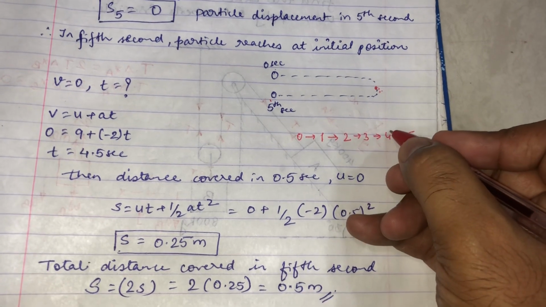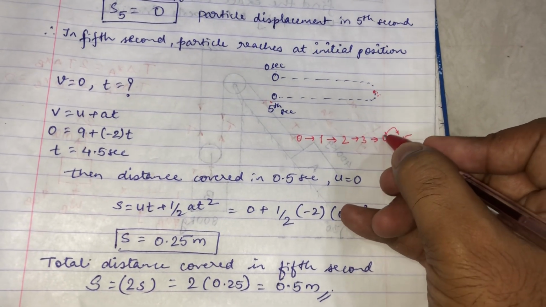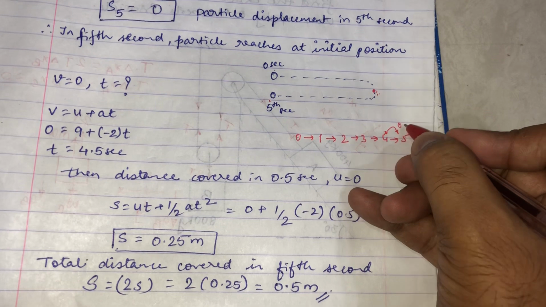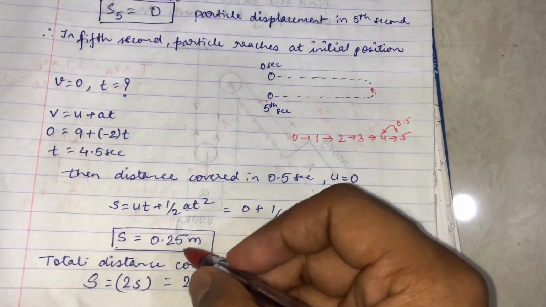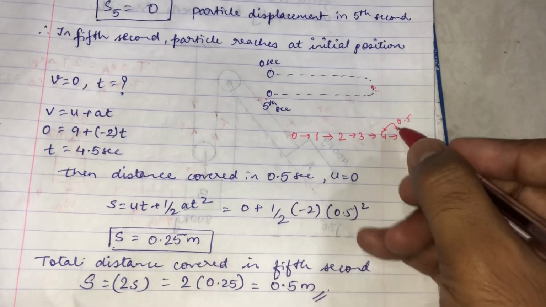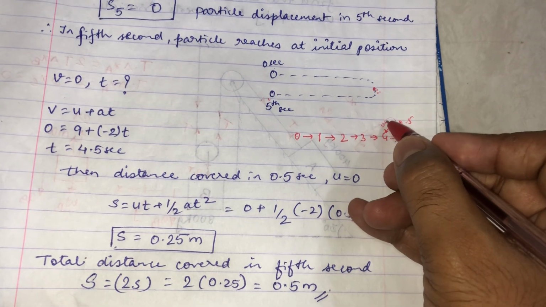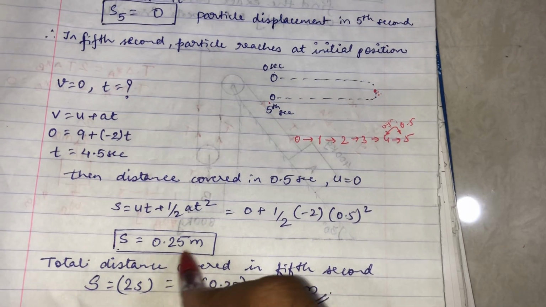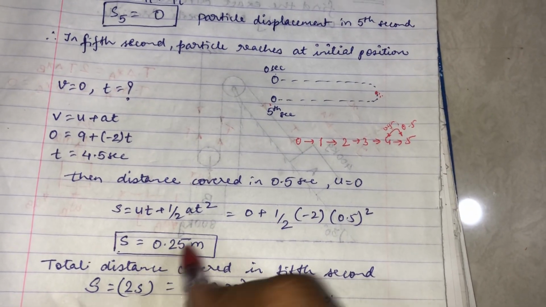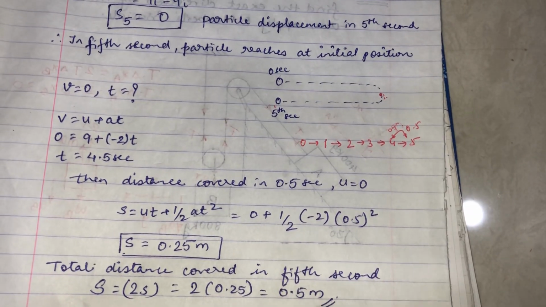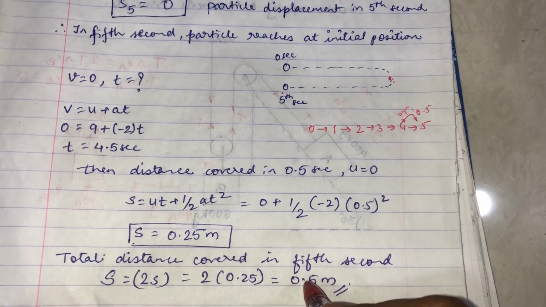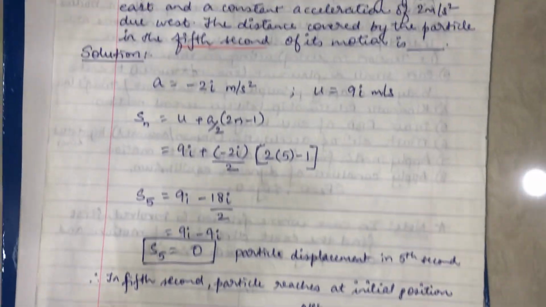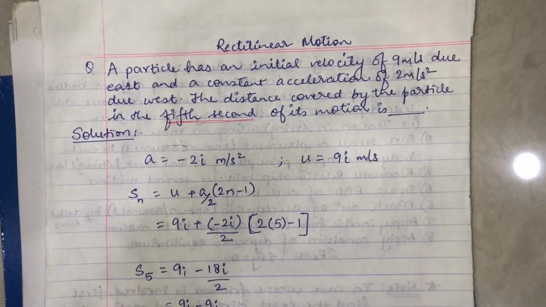If I'm talking about 4 to 5, here 0.5 I have used, I got this. If I use the next 0.5, then I'll be getting double of this, and that's what I'm talking about here. I hope you understood this. With this, I'll complete the problem. Thank you so much.